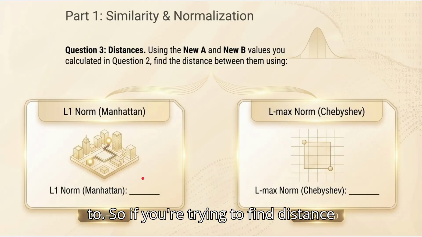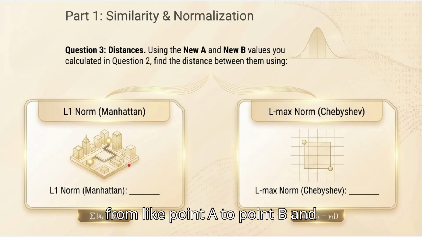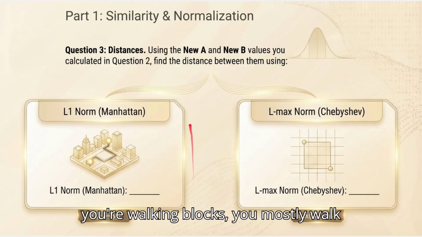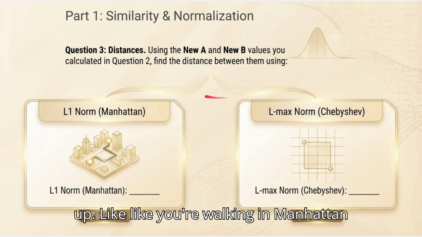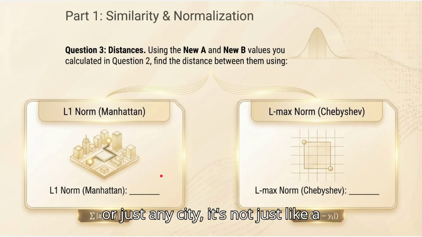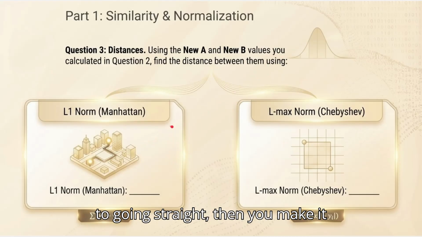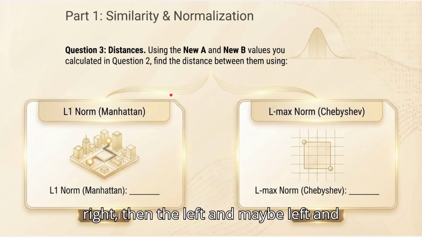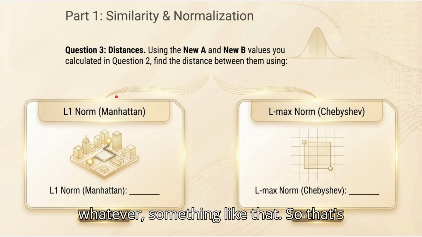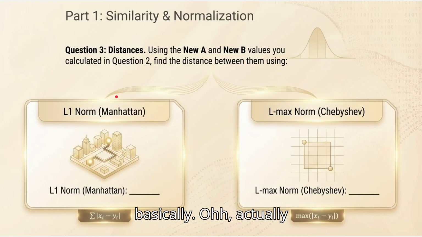It's like you're walking in Manhattan. If you're trying to find the distance from point A to point B, you're walking blocks, like in any city. It's not just a straight diagonal line. You go straight, then make a right, then a left, and so on. So that's basically L1.